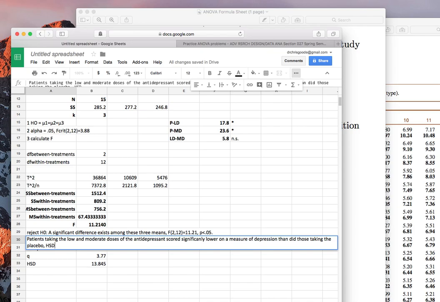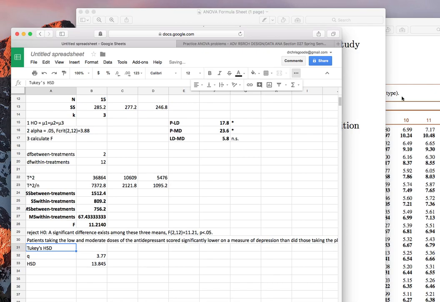HSD is equal to 13.845. Later we'll find out how to say exactly what the means were in APA style, but for now I think that this is sufficient, provided we can add our alpha that we used to look up Q in the Q table. And that is the end of the problem.